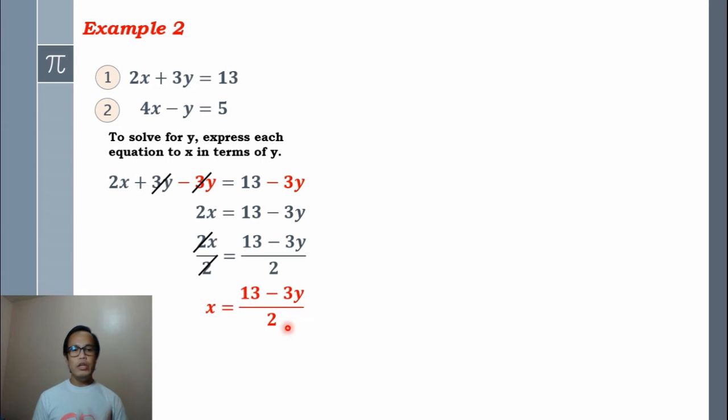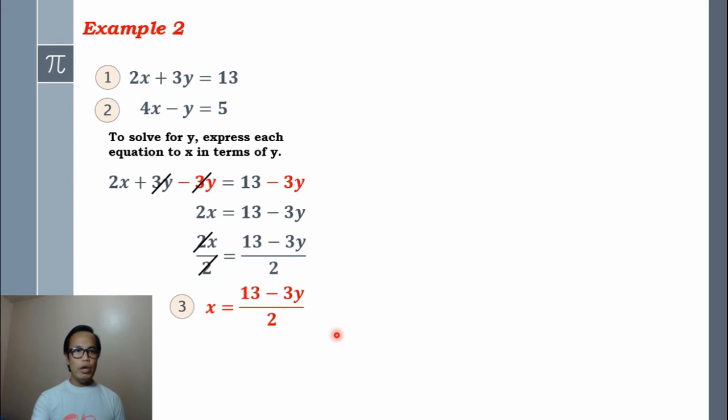So we are not going to divide 13 by 2 or 3 by 2. We shall leave this equation as is. So this is now our equation 3. Equation 3 is taken from equation 1.